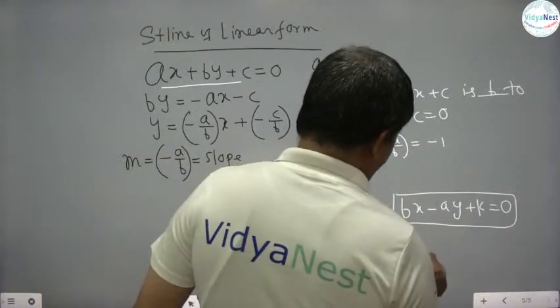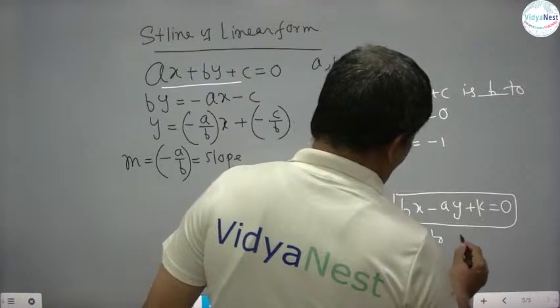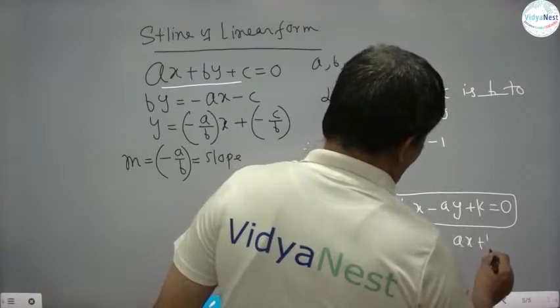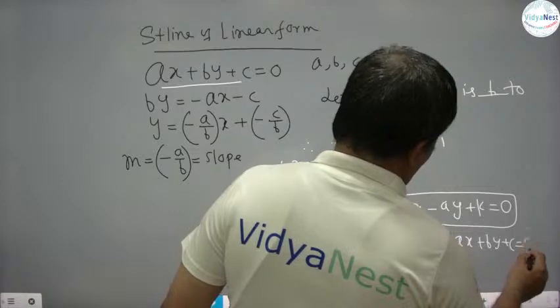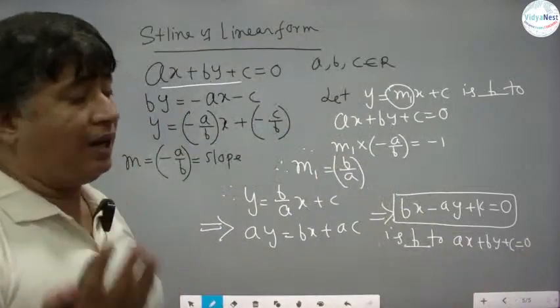Perpendicular to ax plus by plus c is equal to 0. How to memorize it?